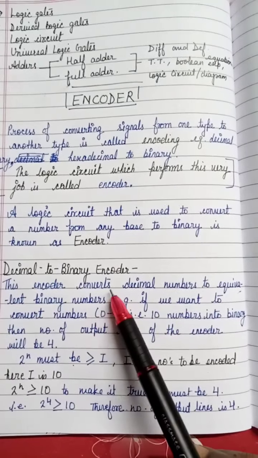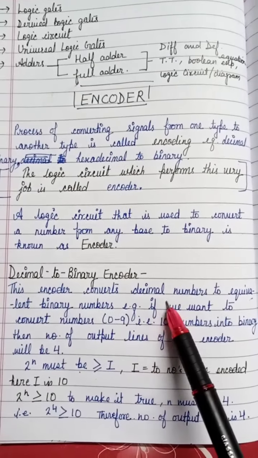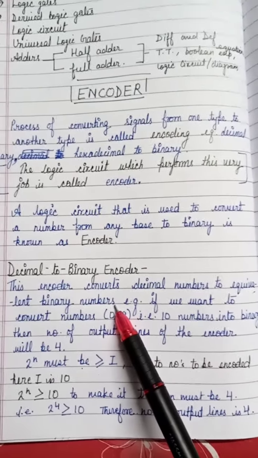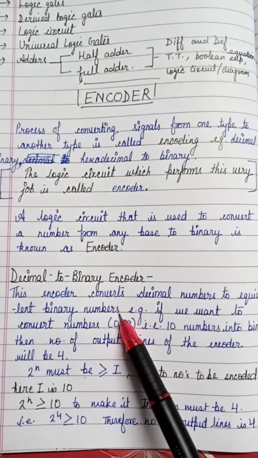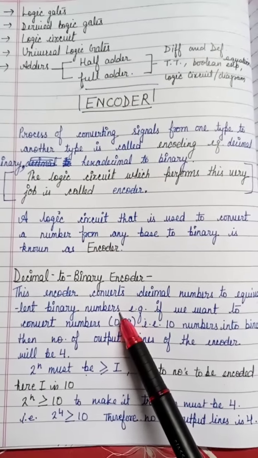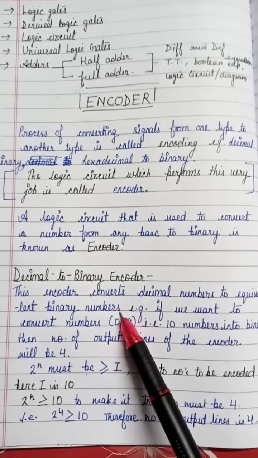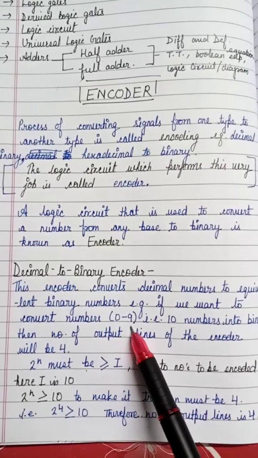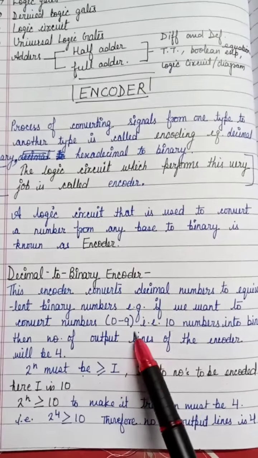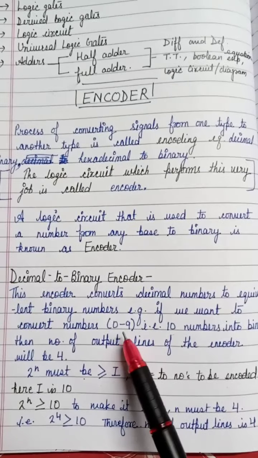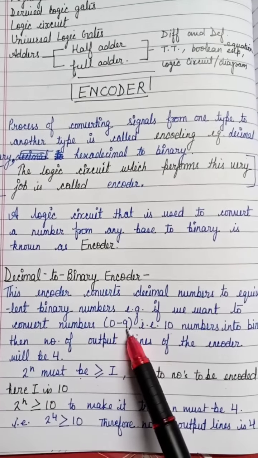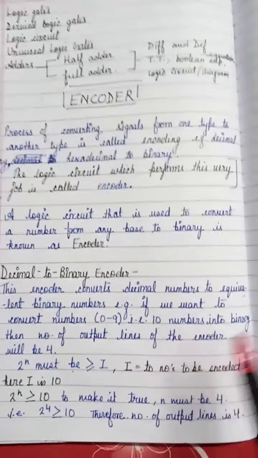This encoder converts decimal numbers to equivalent binary numbers, and we are talking about decimal. So what is the base of the decimal number system? Base is 10. From 0 to 9 numbers are there in the decimal system, total 10 numbers.